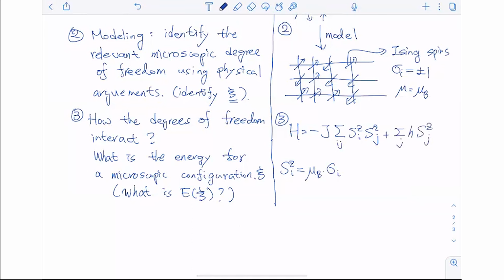Okay. So the first term just basically says we want to model how these two magnetic moments interact with each other.